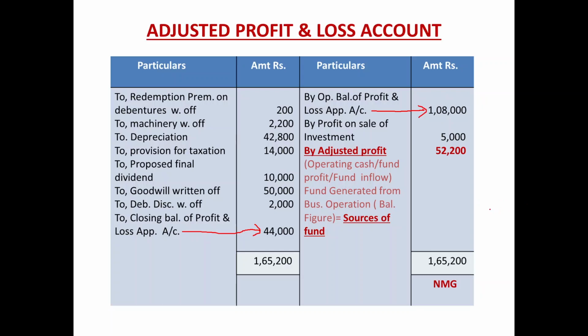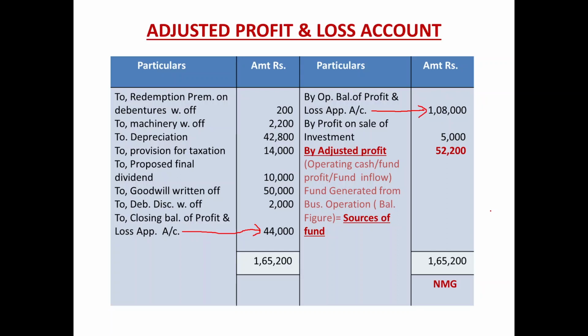So by reporting these two balances of profit and loss appropriation account in this adjusted profit and loss account, we have noted the current year's profit, 1,08,000 minus 44,000, not 64,000.